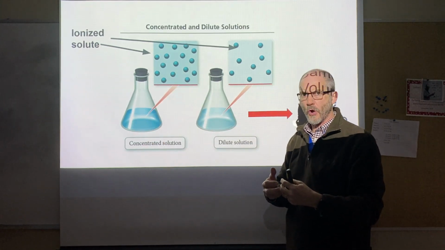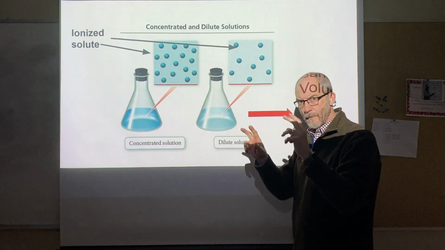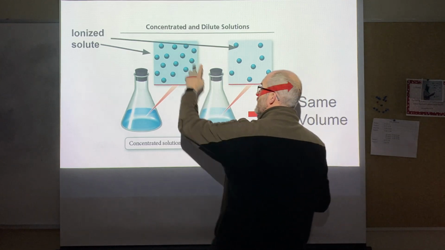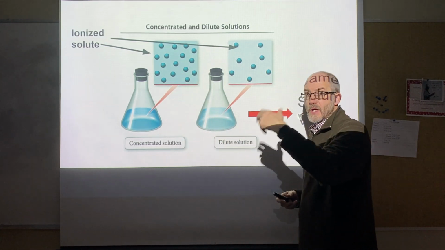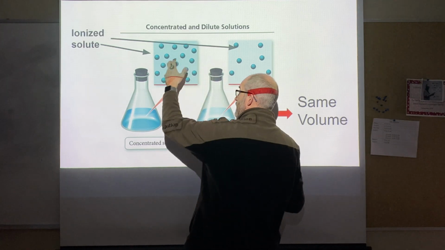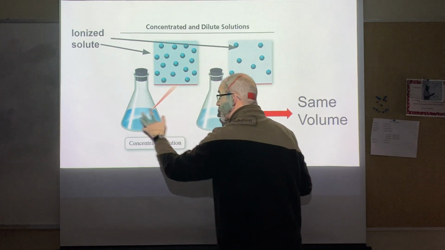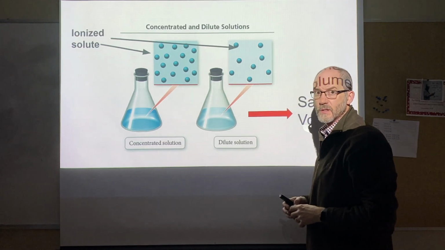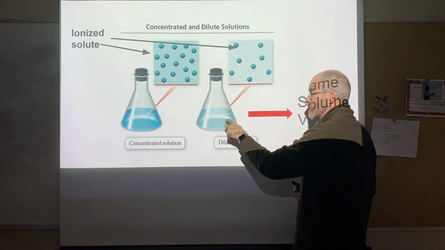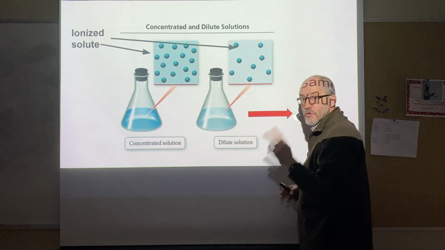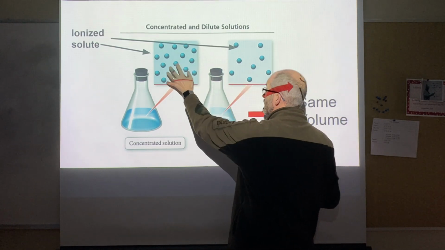Yes, because now we are tying ourselves to amounts. So the amount of ionized solute here, in this equivalent amount of water, you got a lot more. So because you have a lot more, it's more concentrated. You got less here, so it's more dilute. That's the two terms here. This is more dilute than this.